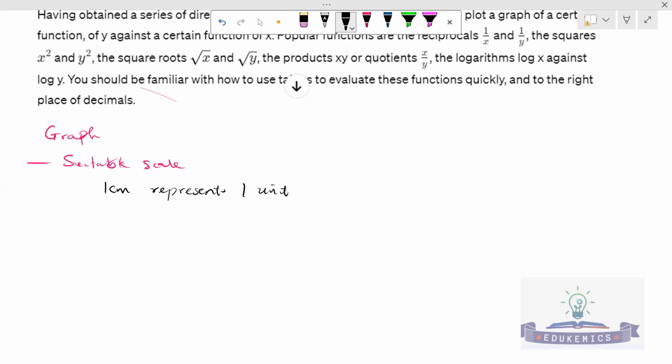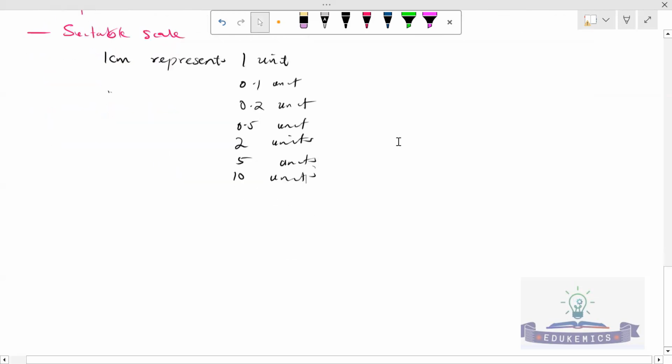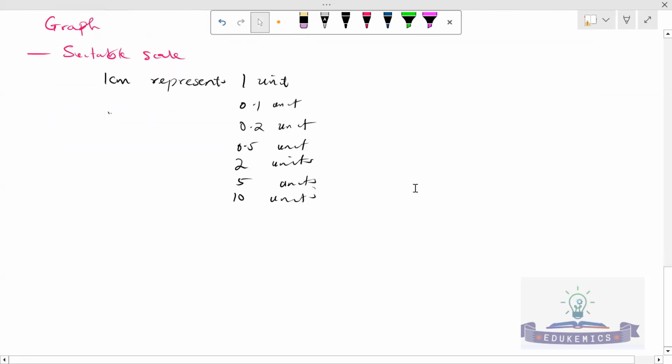Or we can have 1 centimeter to represent 0.1 units, 0.2 units, you can have 0.5 units, you can have 2 units, you can have 5 units, you can have 10 units, like that. Or sometimes you can use 1 centimeter and 2 centimeters to represent the same.